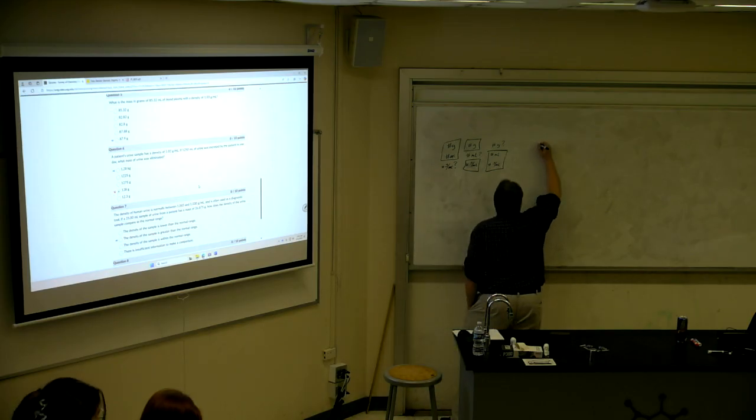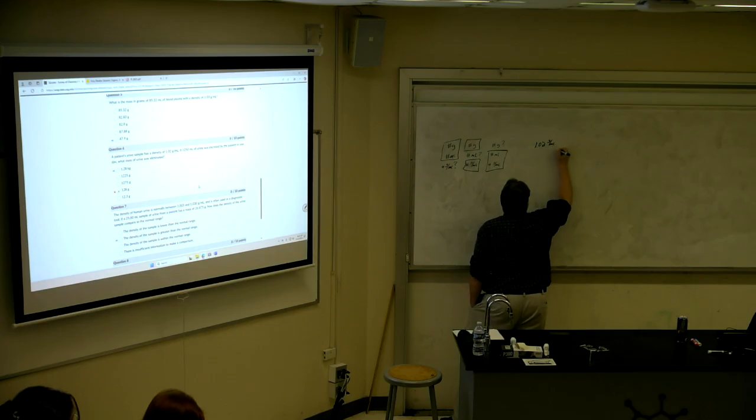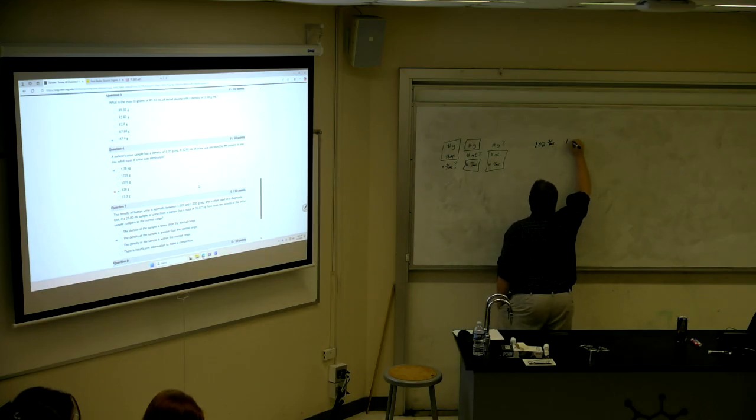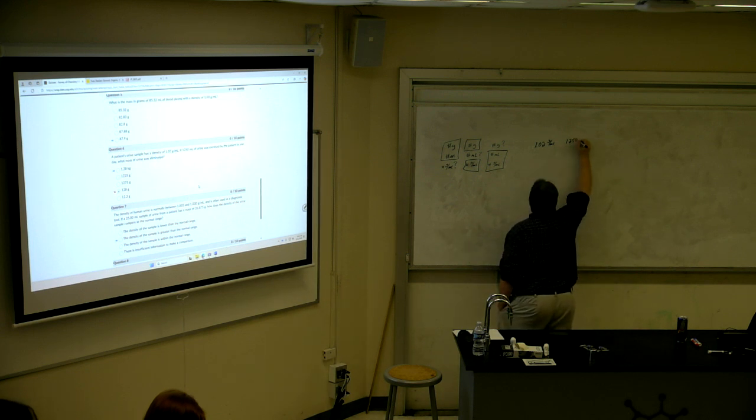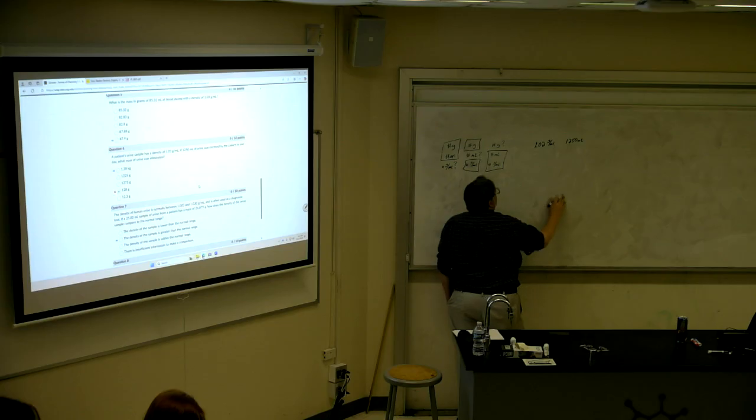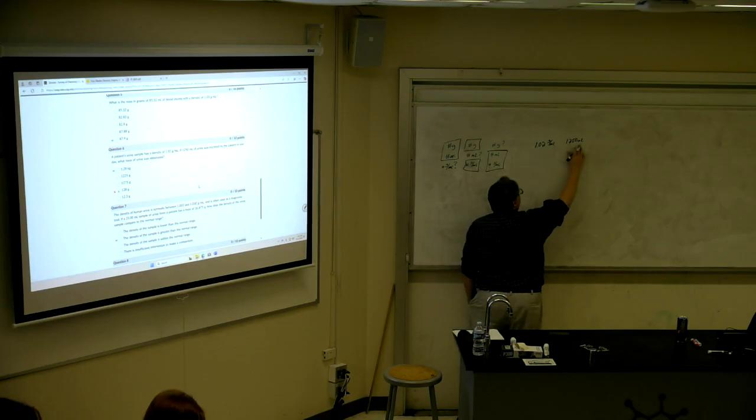But if you're given, and then this one was 1250. You're given the density and some milliliters. So in that case, you're gonna go.